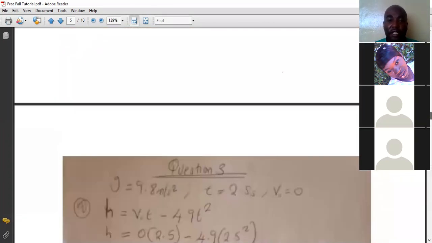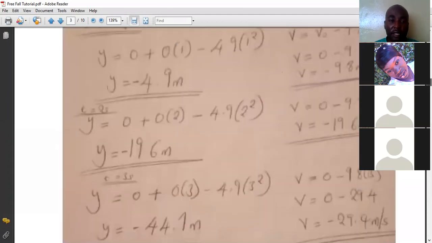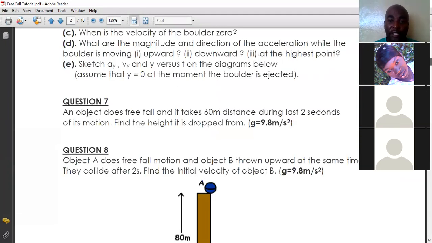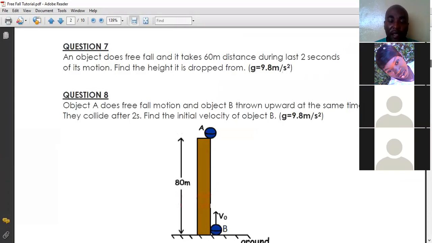For the next questions, these are quiz type questions. You have got mass and quiz type questions. It covers 60 meters during the last 2 seconds. So you see how I did my answers. The answers are correct.